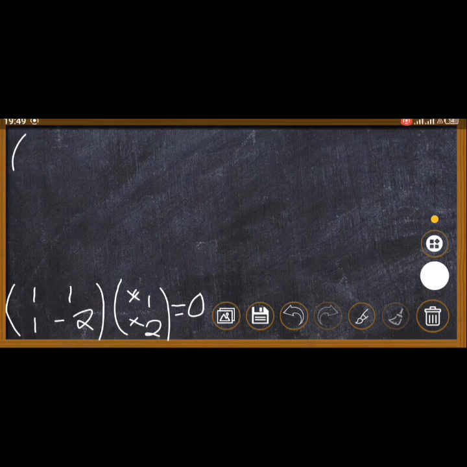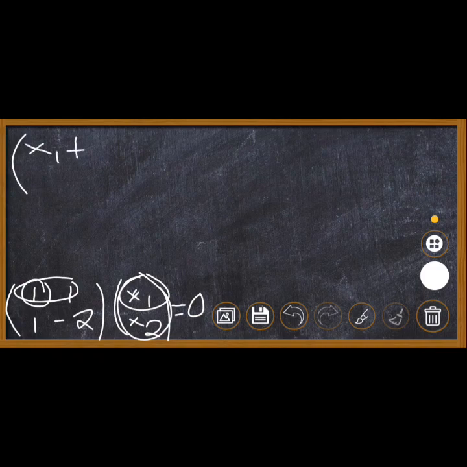According to the vector rule, you always deal with the rows by column. So first, 1 multiplied by x1 is x1, plus 1 multiplied by x2, which is just x2.